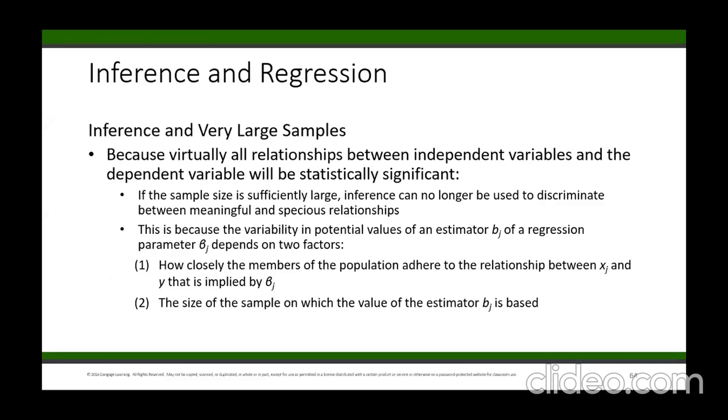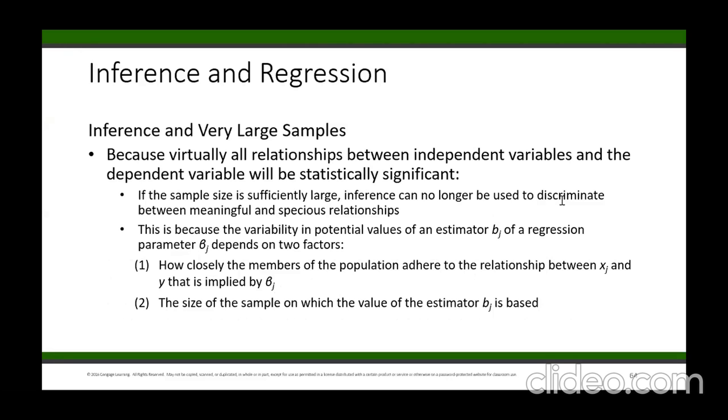The next issue is the issue of very large samples. When we are dealing with extremely large samples, like 1 million observations in a sample, it's really hard to get a result that is not significant.